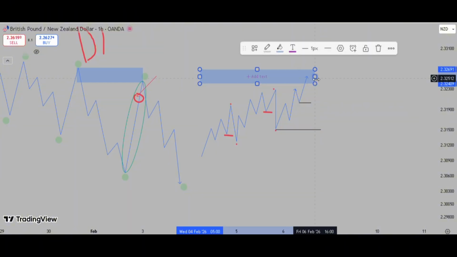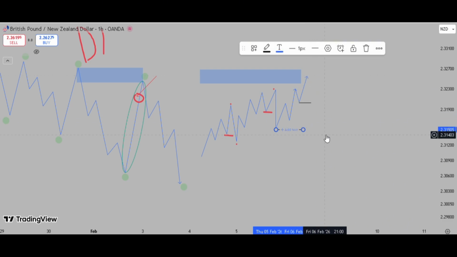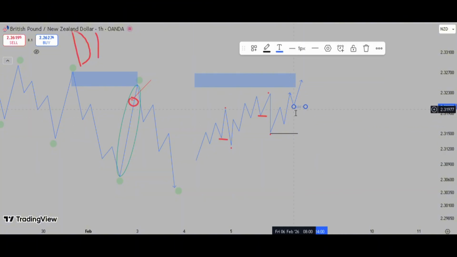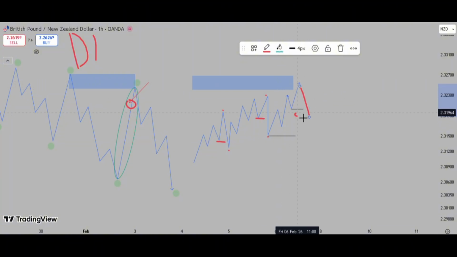But because market mitigates your higher time frame POI and you want to engage in this trade as soon as possible, not when the market is already here, it's easy for you to use this level as a change of character. Not because the normal structure character is changed, but because market has mitigated this higher time frame. And anything below here, you can call it change of character.